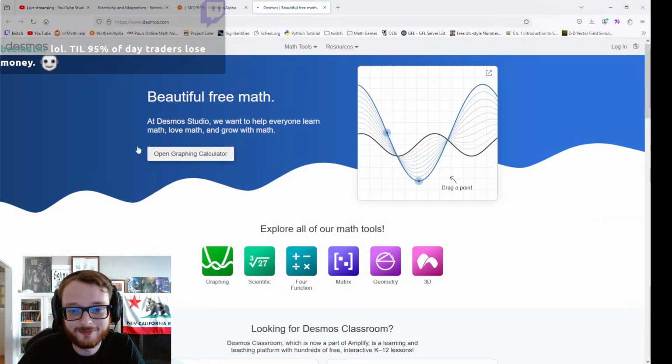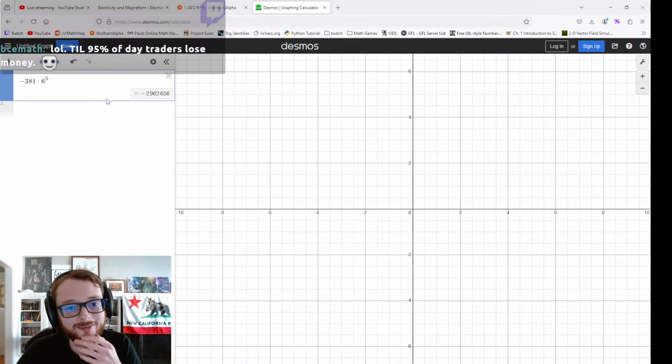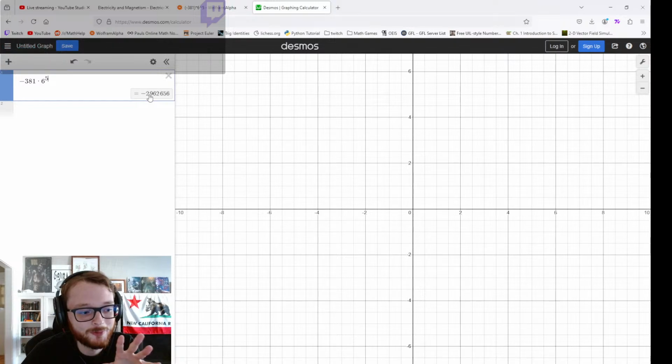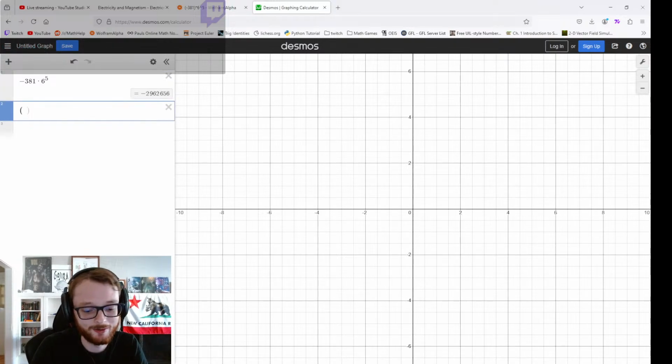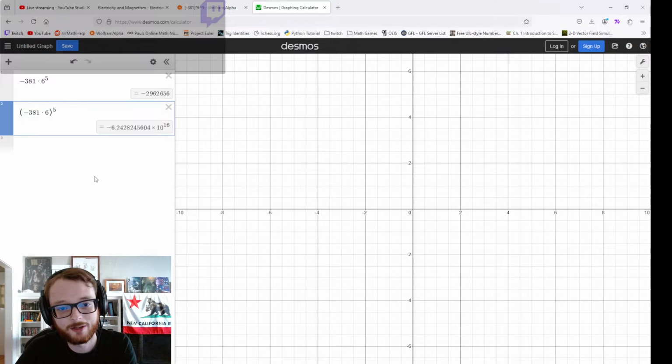I'm sure that Desmos will do this, right? Minus 381 times 6 to the 5. There are two different interpretations of it, where one is this interpretation, the other is this interpretation. Pearl, I don't know which one you mean.